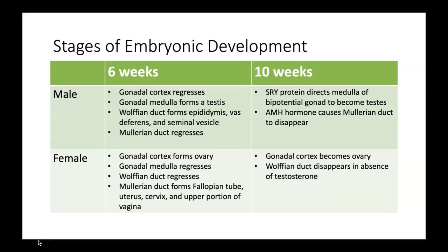But in the female at 10 weeks, the gonadal cortex becomes the ovary in the absence of the SRY protein. And this is also, like I said earlier, under the influence of several female-specific genes. And then the absence of testosterone is what causes the Wolffian duct to disappear. So we can go ahead and move on to the review sheet that I made.